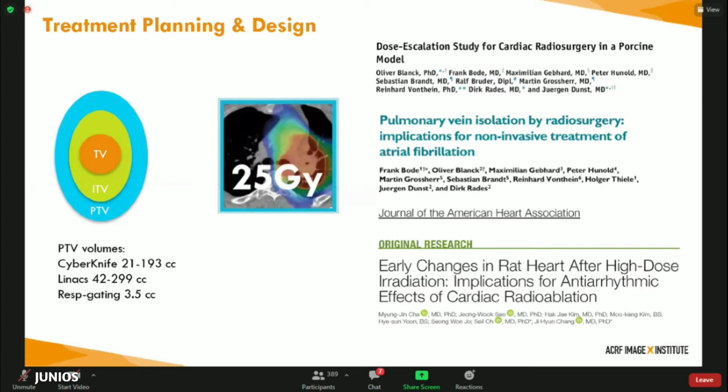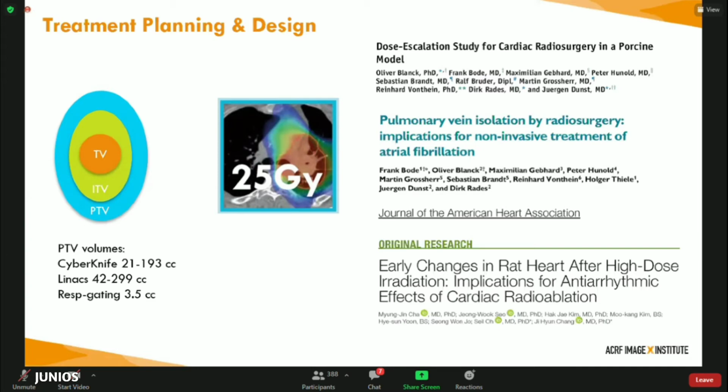Additionally, the antiarrhythmic effect of cardiac radioablation has occurred much faster in clinical patients, despite myocardial fibrosis being a late radiation effect, usually observed a couple of months after radiation. This highlights the complex and not yet well understood underlying radiobiology mechanism of cardiac radioablation.